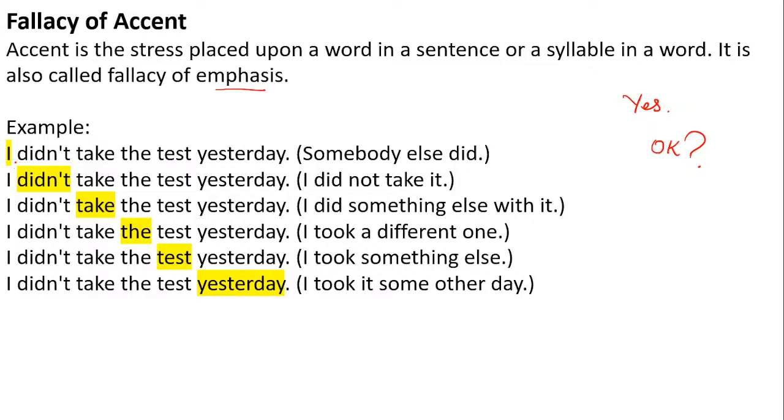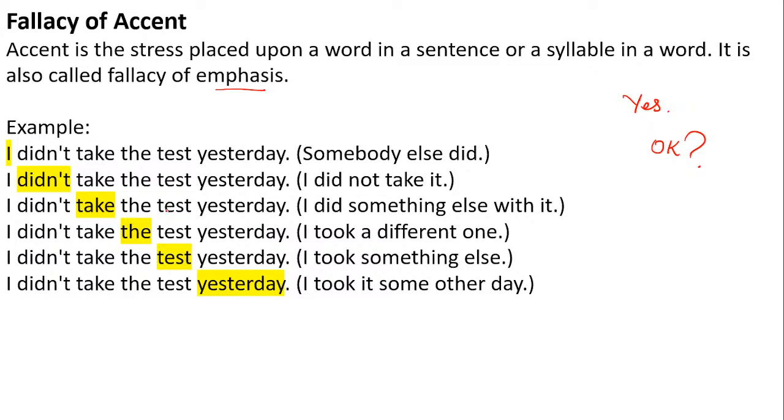Like if I say, "I didn't take the test yesterday," it means somebody else took the test yesterday. The second statement, "I didn't take the test yesterday," means I did not take the test, I was doing something else.